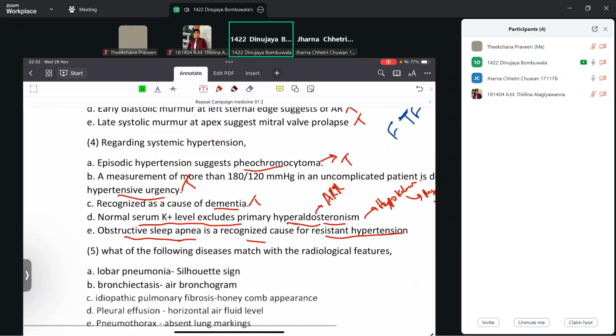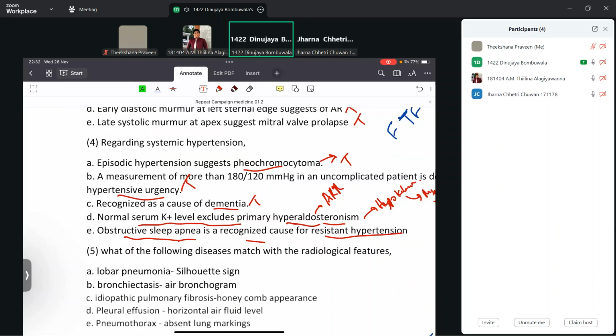Radiological features. Lobar pneumonia, Philhook sign. Philhook, I don't know how to spell that. True or false? Not sure. Bronchiectasis, bronchogram. That is true, right? IPF, honeycomb appearance. Sure.